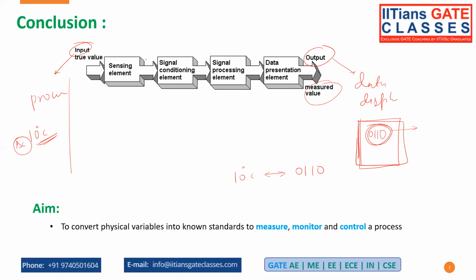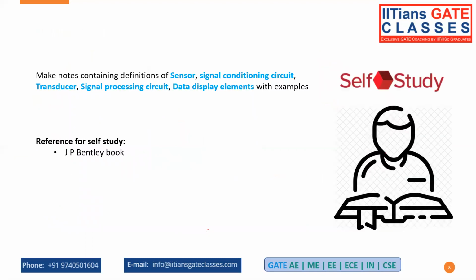Right, so sensing element we have seen, conditioning circuit we have seen, it could be an op-amp or your reference junction compensation, like that. Processing circuit we have seen, data display we have seen, and finally this part is done. So what you have to do, you can take the reference of this book, that is JP Bentley, and make notes of the sensor, the definitions.